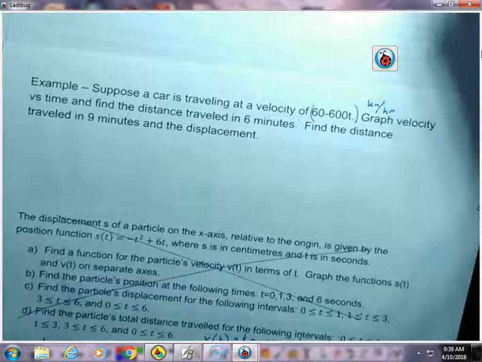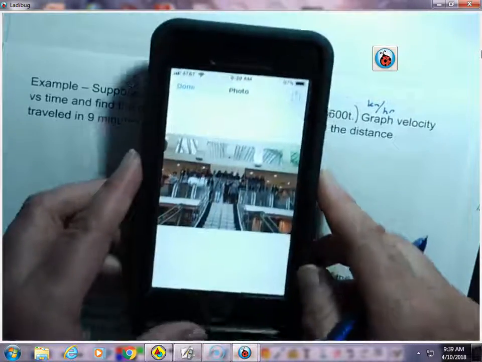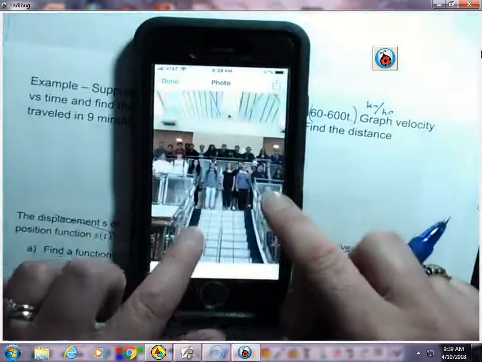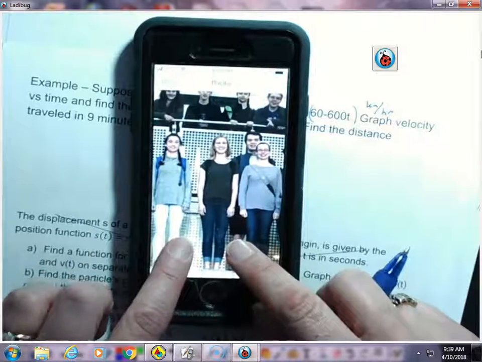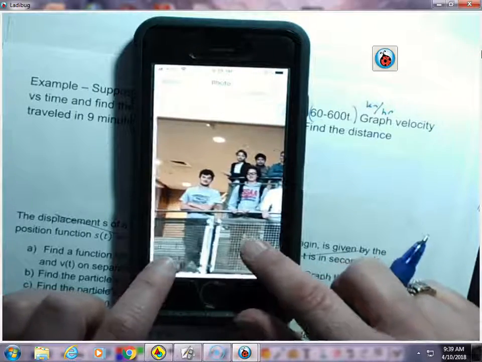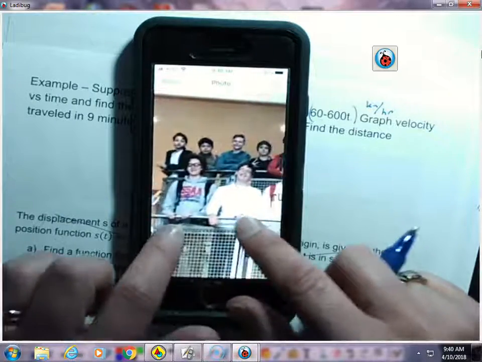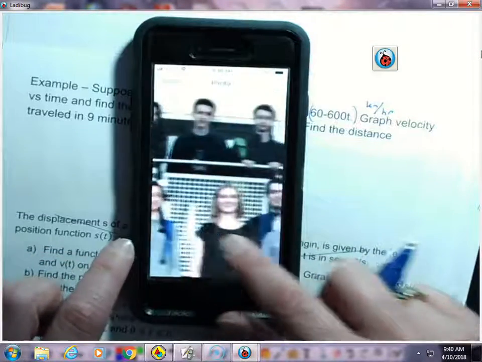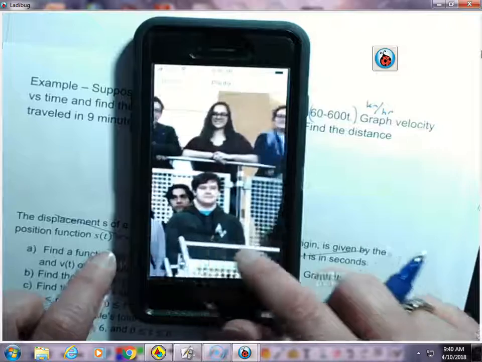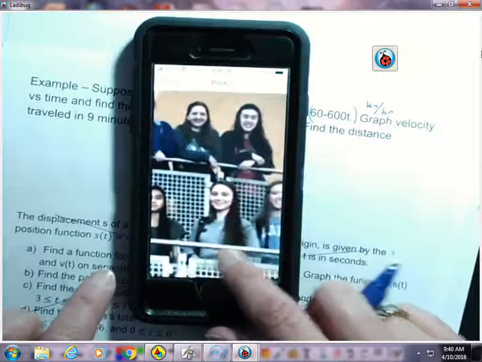Oh, we have a picture of our classmates. Where are they? They're somewhere. Ah, look right in front. There we go. Look at the whole gang. Wait, where are the rest of the people from our class?